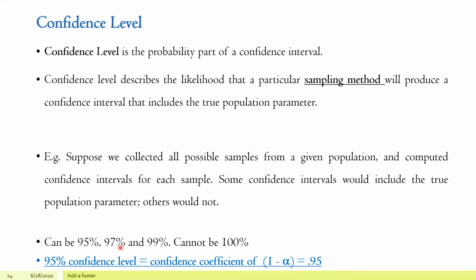Similarly, 97% means 97% of the time the data you collected will match the population parameter, and the other 3% will not. Similarly for 99%, but it can't be 100% because you will have some bias or error in selection. If it is to be 100%, that means you have to select the whole population, not the sample.